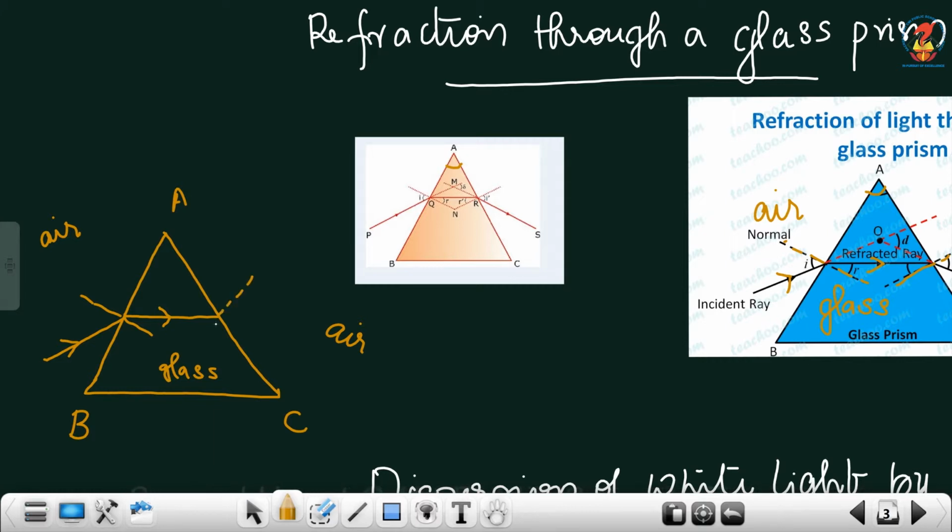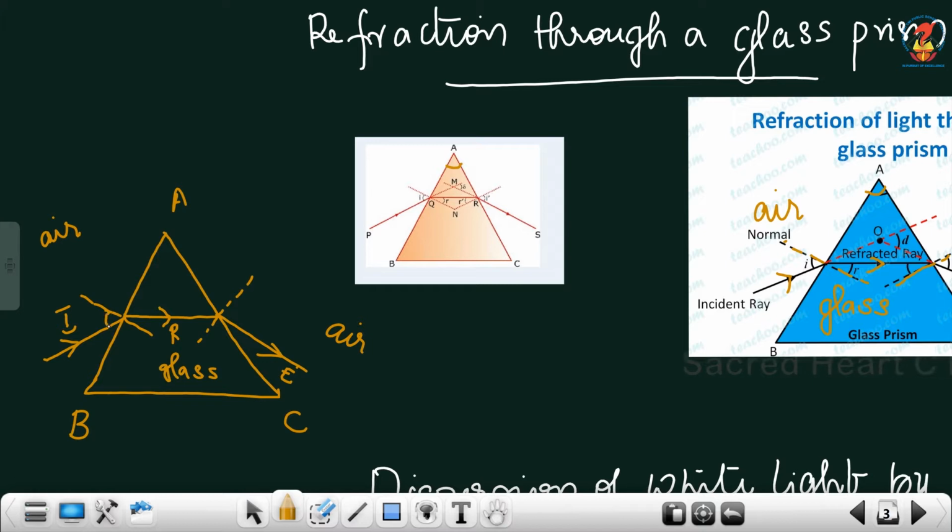At this point we need to draw the normal, and it will bend away from the normal. This one is the emergent ray, along with the incident ray and the refracted ray.